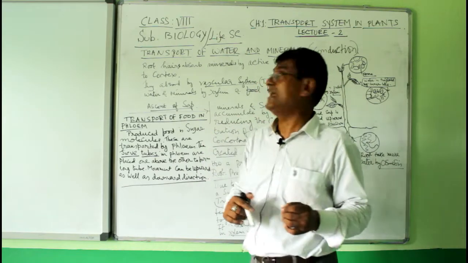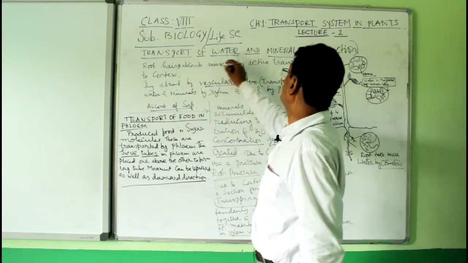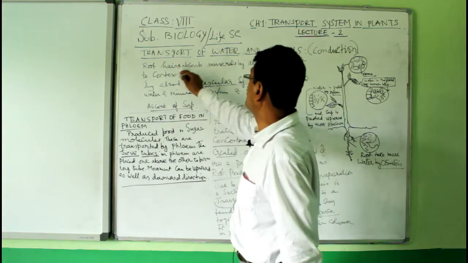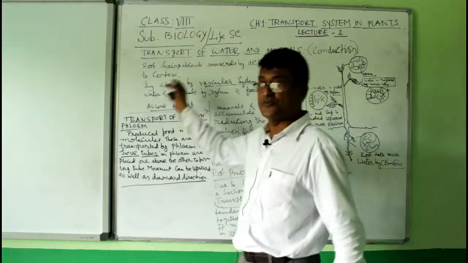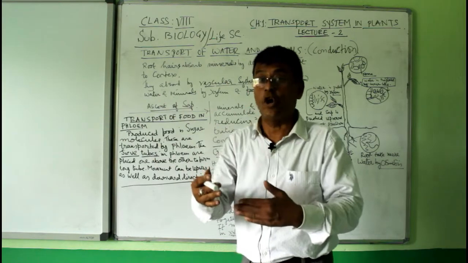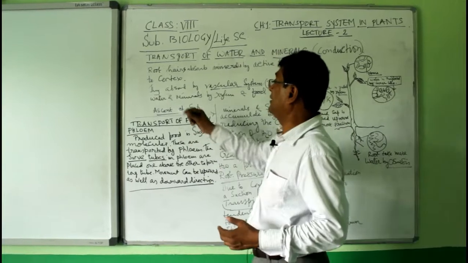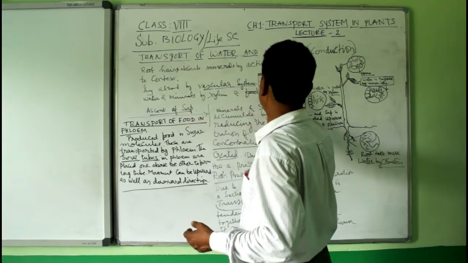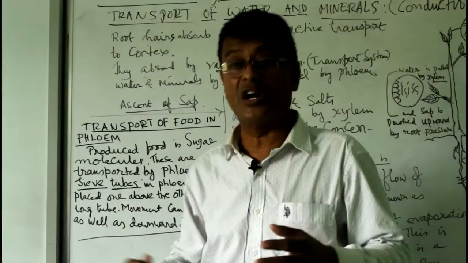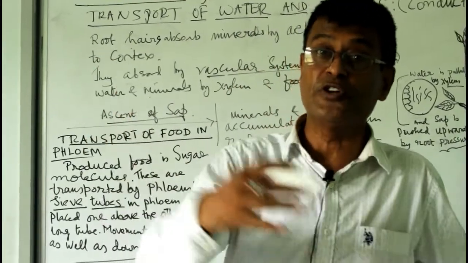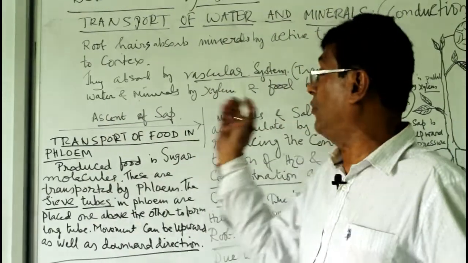So what I am telling is the transport of water and minerals, which is known as conduction. The root hairs absorb minerals by active transport to the cortex, from the root hairs to the cortex, and they absorb by the vascular system the transport of water and also the prepared food to be transported to all parts of the body, that is by phloem.